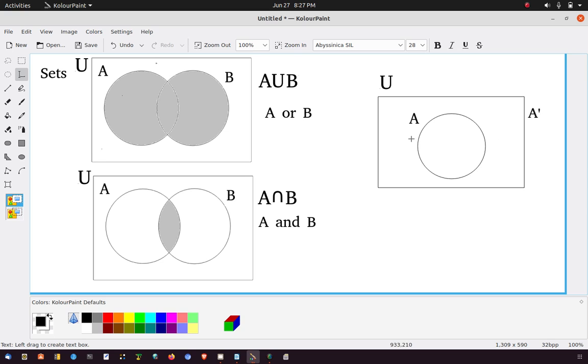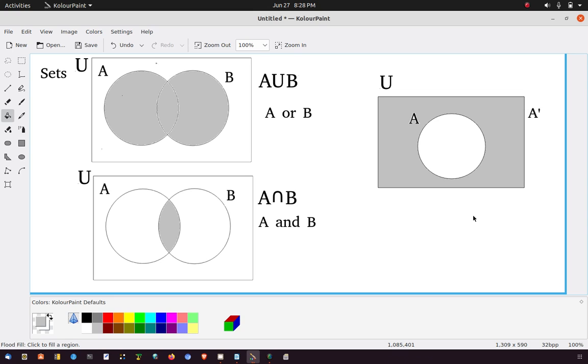Now, the complement here would be represented by what is outside of A. In other words, what is not in A. So you can see that that is comparable to the NOT gate. You have an input that is high, the output is low.